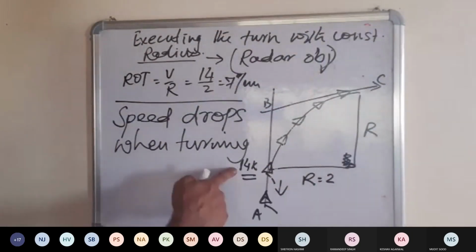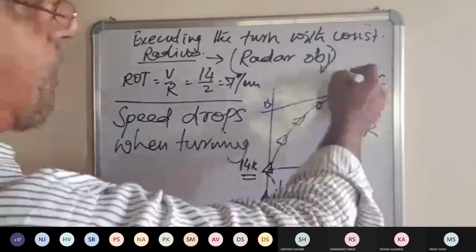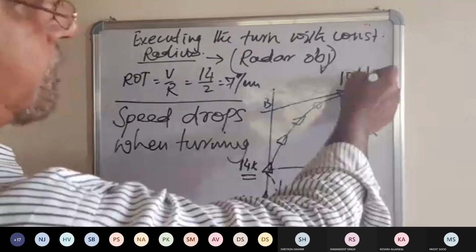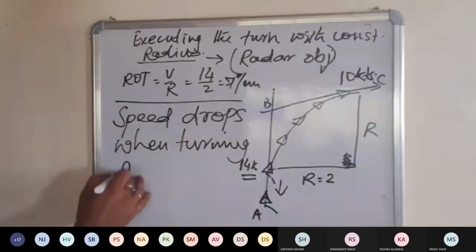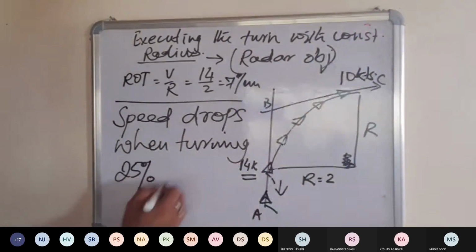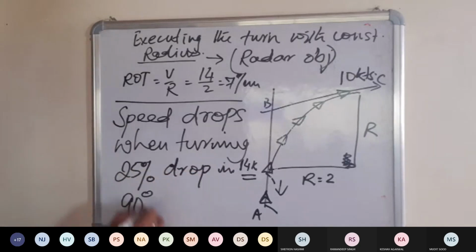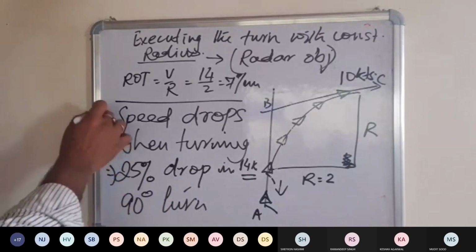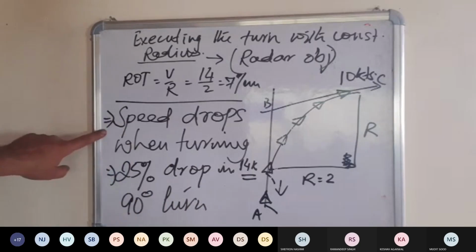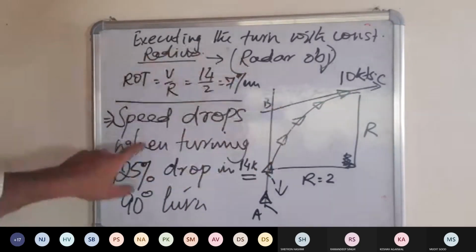So entry speed was 14 knots. Once you are here, maybe it is 10 knots. There is almost 25% of drop in 90 degrees of turn. So when the vessel is turning, the speed will drop.